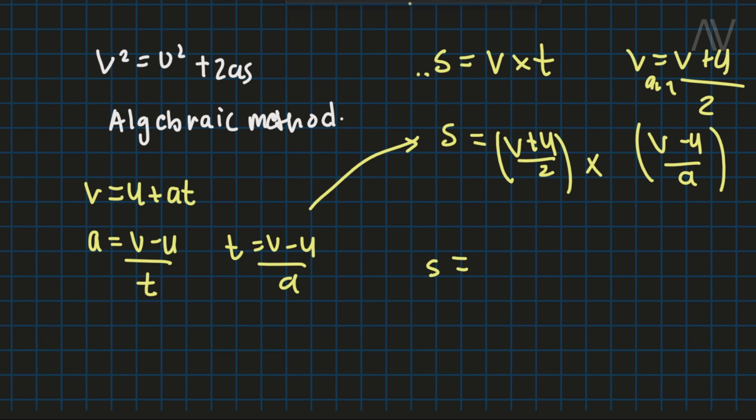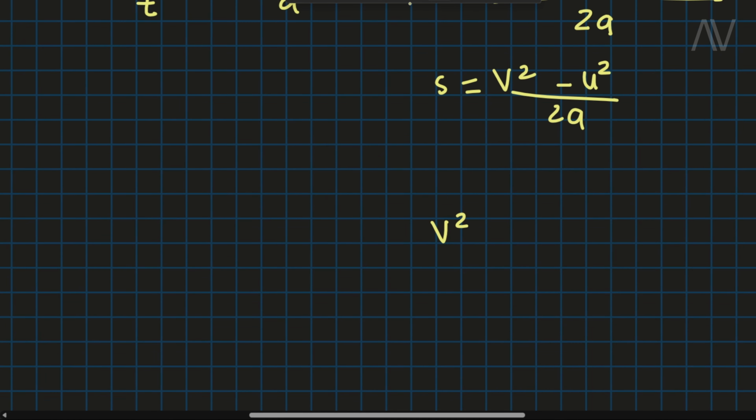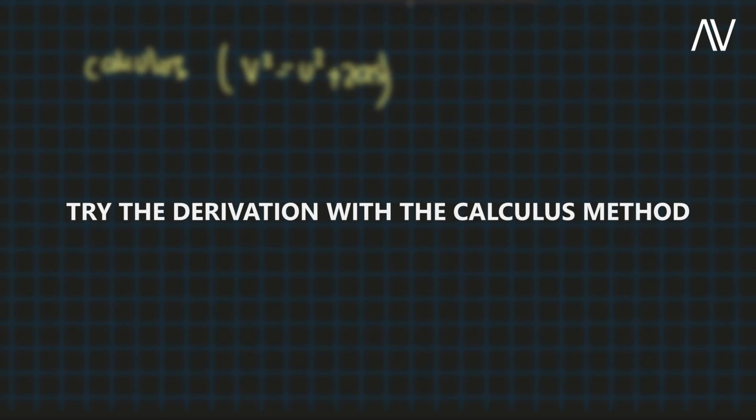When we multiply this, we get v square minus vu plus uv minus u square upon 2a. So we get s is equal to v square minus u square upon 2a, as vu and uv get cancelled. So v square is equal to u square plus 2as.